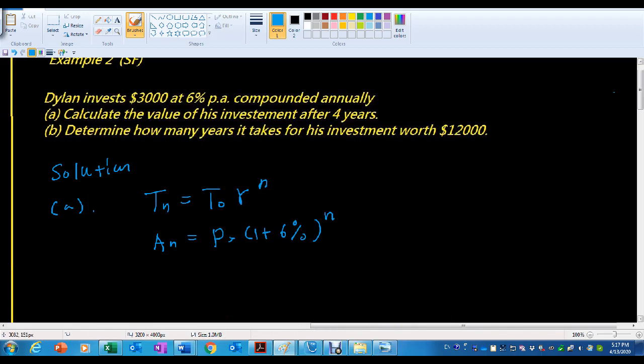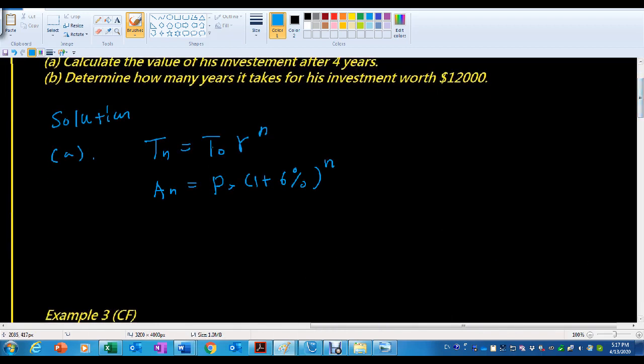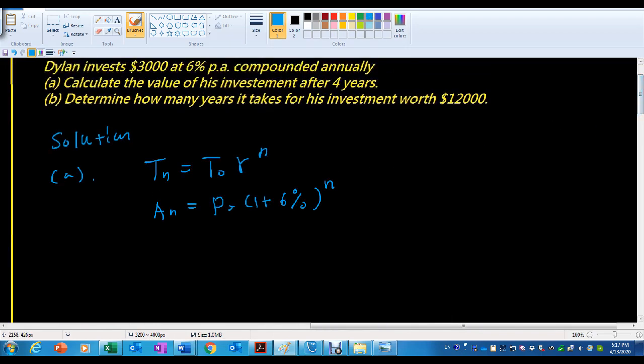Okay, let's continue. If I write Tn equals T0 times R to the power n, that means I'm using the exponential growth idea or the geometric sequence idea. But you can always replace that Tn to suit your compound interest context.